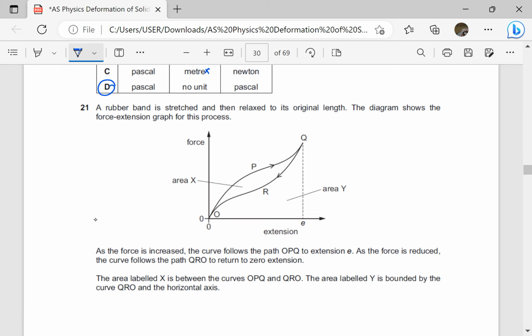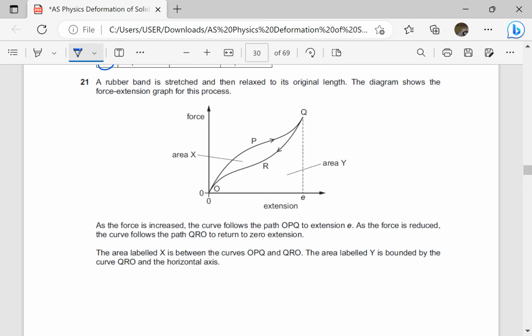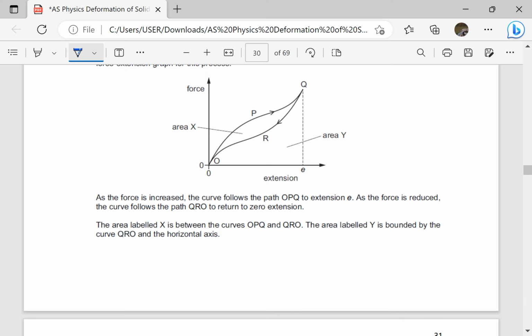A rubber band is stretched and then relaxed to its original length. The diagram shows the force extension graph for this process. As the force is increased, the curve follows the path OPQ to the extension E. As the force is reduced, the curve follows the path QRO to return to zero extension.